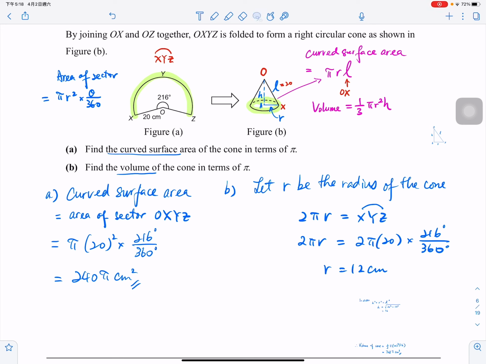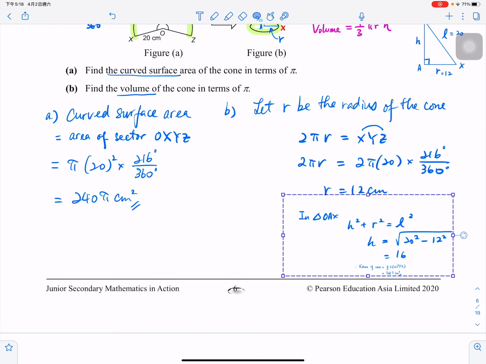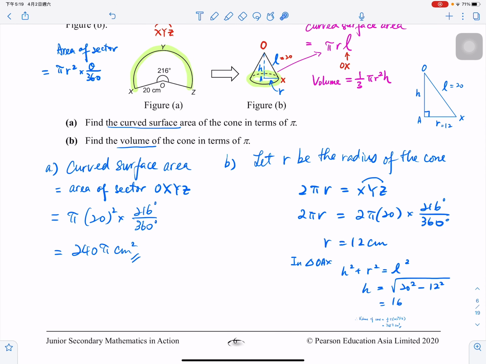If you know the radius r, then we can find h by this right-angled triangle. This one, OAX, has the right angle. So you know L is 20, and r you just found is 12, so you can find h. In triangle OAX, h square plus r square equals L square.